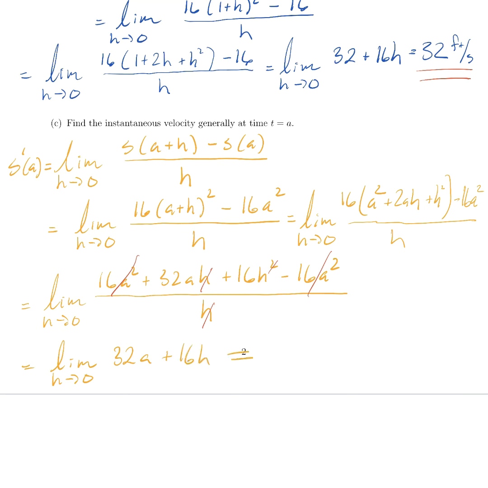And now we're in a spot where we can evaluate that limit by direct substitution. And we get 32a, and that would be feet per second. So now if we wanted to find the velocity at any time, all we would have to do is plug a, whatever that number is, 1, 2, 3, 4, into 32 times a, and we would get the velocity. All right, that's the solutions to the section 2.1 activity.